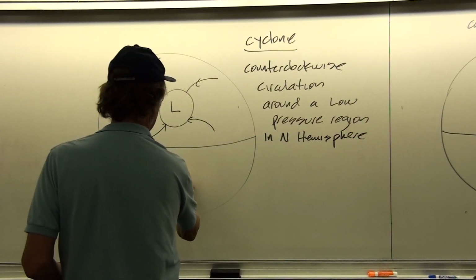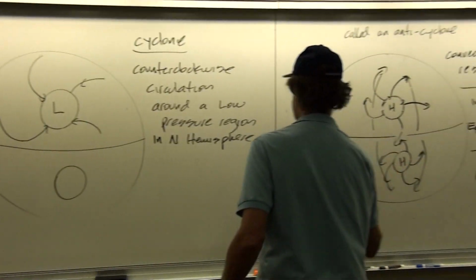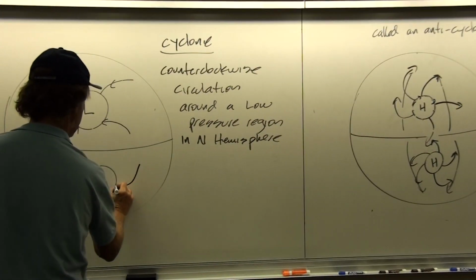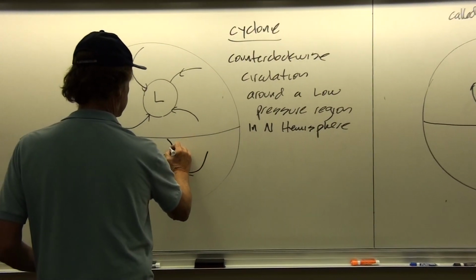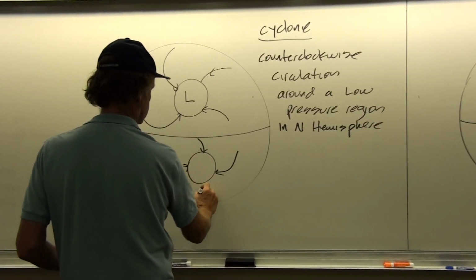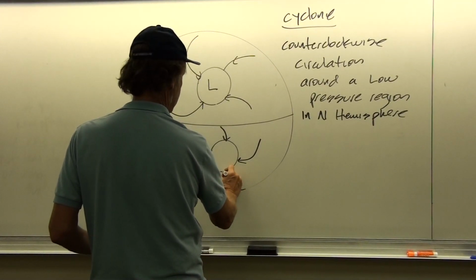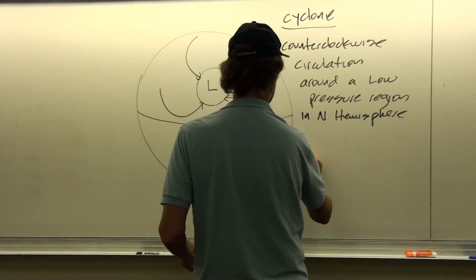But the reverse is happening in the southern hemisphere. So we would have to reverse these airflows here. And so this would give rise to a clockwise circulation in the southern hemisphere.